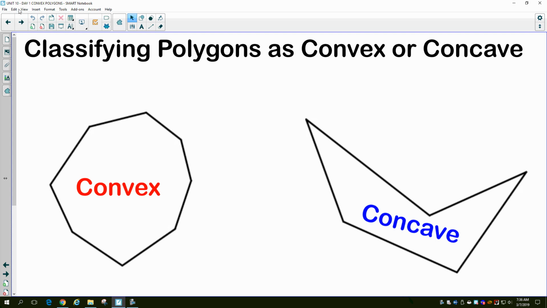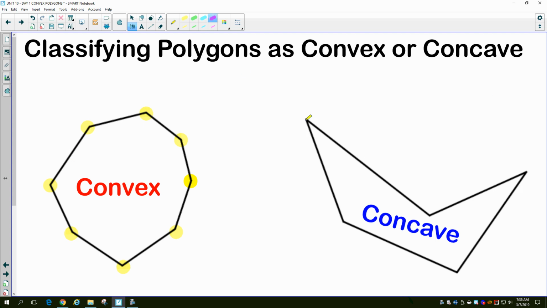And so the simplest way to compare them would be that all the vertices of the convex polygon point outwards. So all the places where two segments meet sort of point outwards.